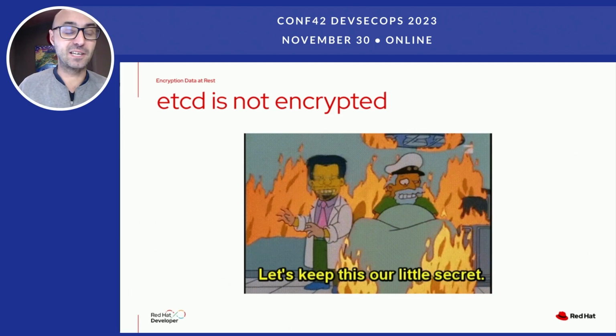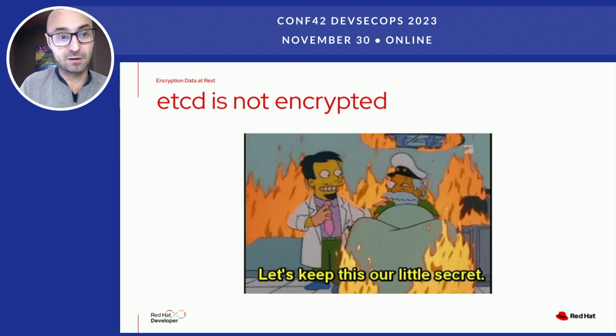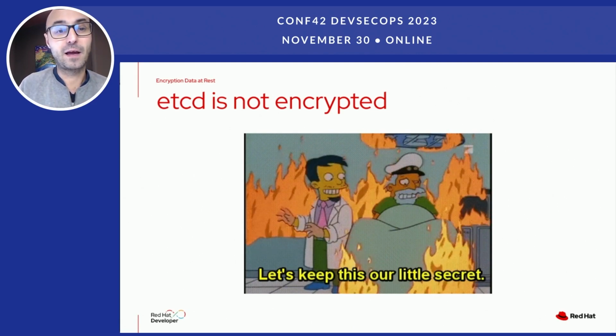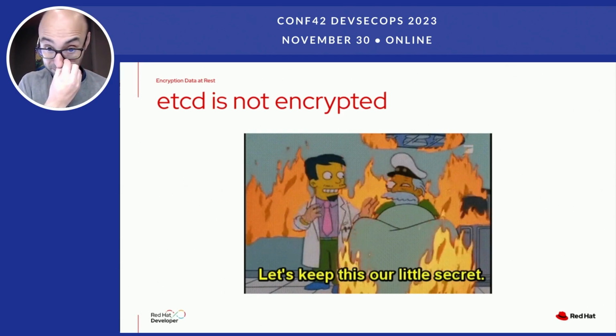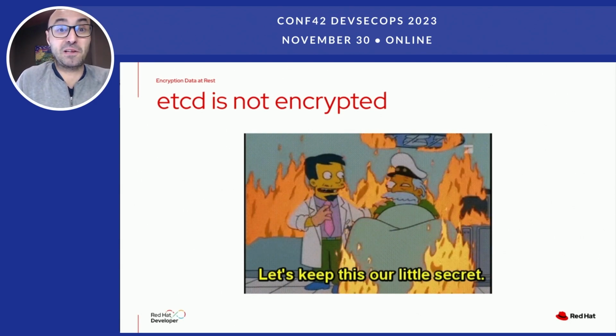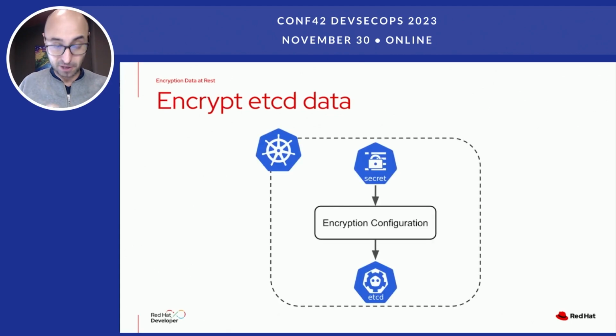Or if they have access to the etcd logs, they might have the secret. Maybe not, maybe yes, depending on how you implement the logs. If anyone has access to the etcd backups, then they can get the access, right? Because etcd is a database with passwords in plain text. So this was detected by people from Kubernetes, who said, yes, we see that this is not the best way.